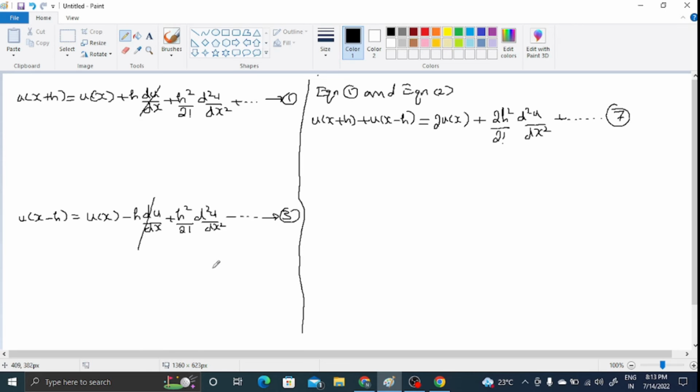Equation number 7. Okay. So now for convenience, to derive this term, I am going to terminate this equation at this particular point.